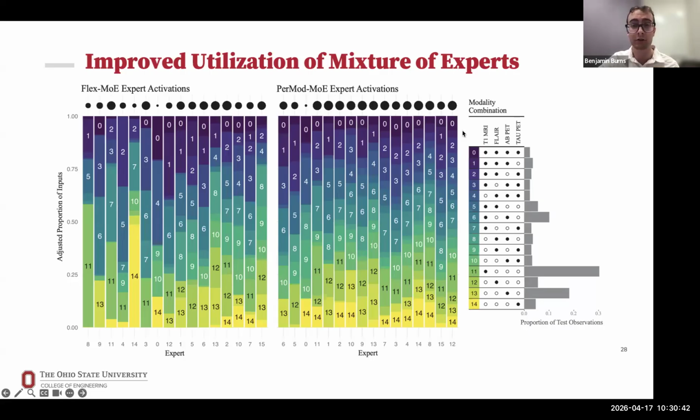I think that this is a good thing because it may indicate that our experts are learning to specialize in ways beyond simply the modality combination. There could be some less obvious ways that the experts could specialize that further improve performance that our method may be taking advantage of, whereas FlexMOE may not.